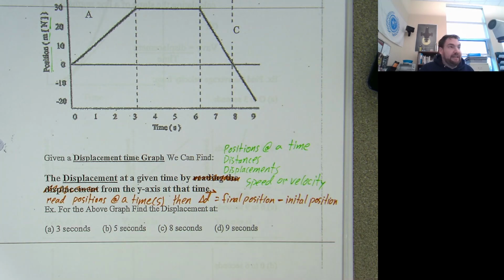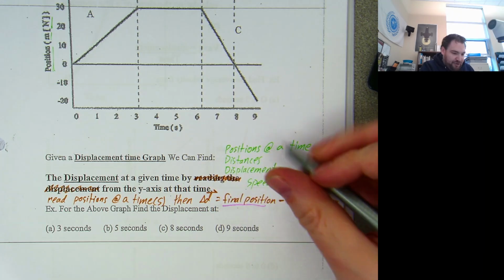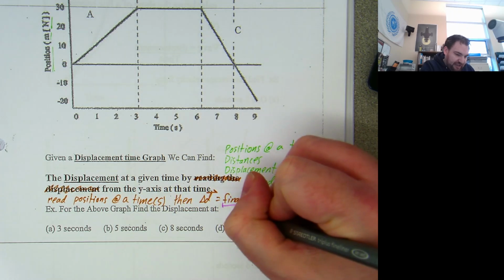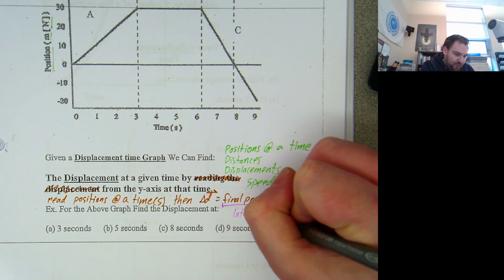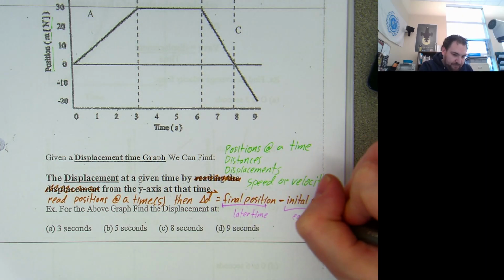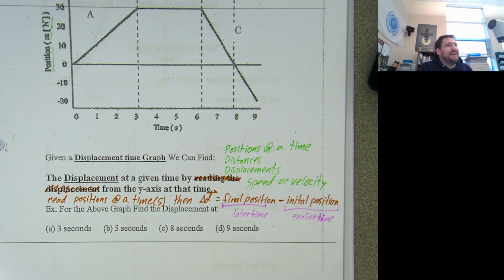And if we're going to be really clear about what it means for there to be a final position and an initial position, a final position is just the later time, because time only goes one way, and this is your earlier time, which does go without saying.